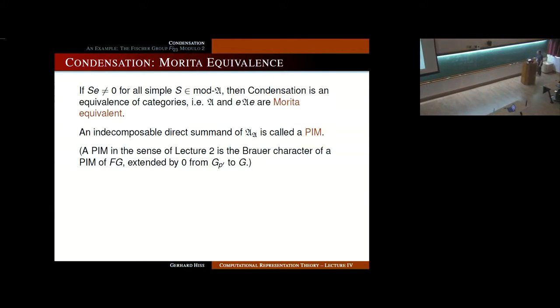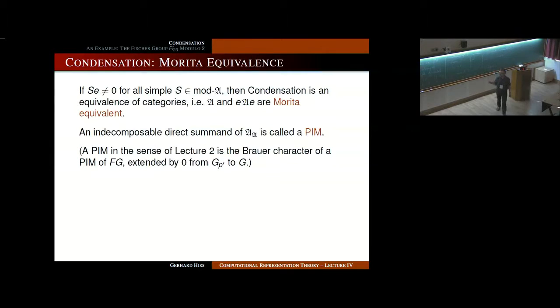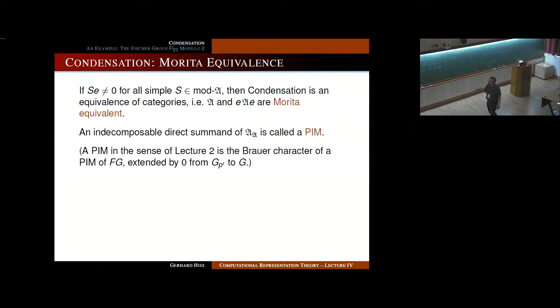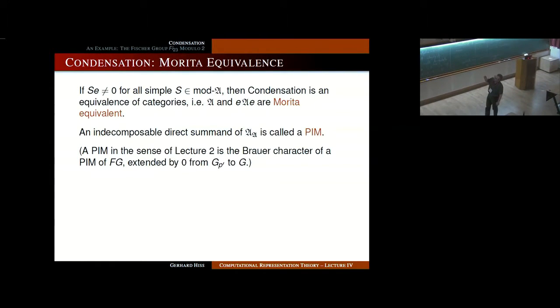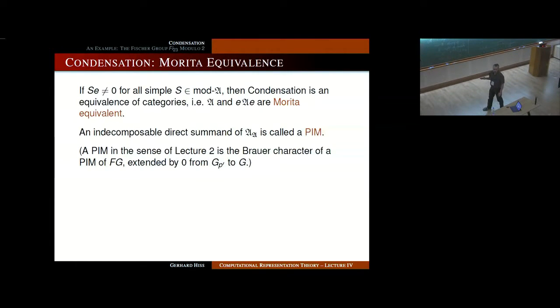But I don't want to explain the details, but there is a projective indecomposable module of FG, which can be lifted to a projective indecomposable module over a suitable valuation ring of characteristic 0. This has an ordinary character, and the ordinary character of this lift is the PIM in the sense of lecture 2. Okay. Anyway, there's a connection between the two notions.